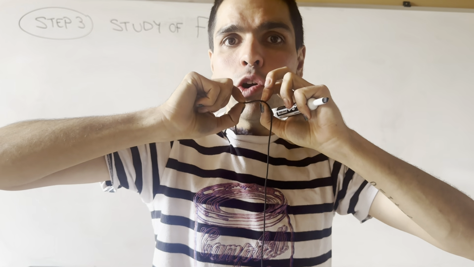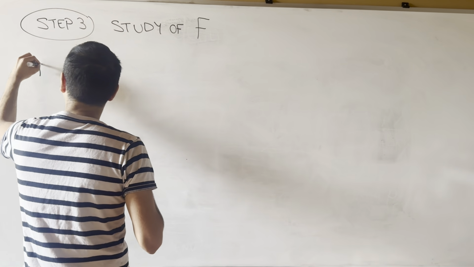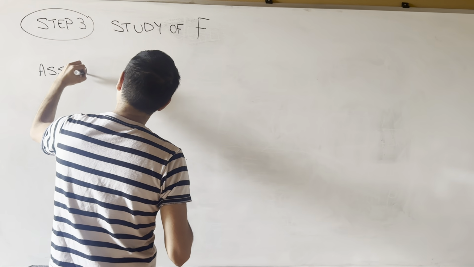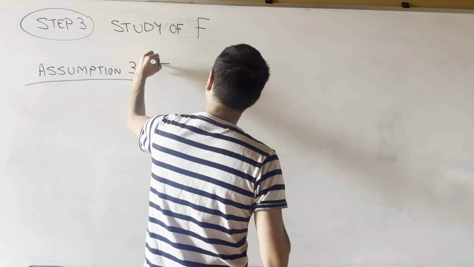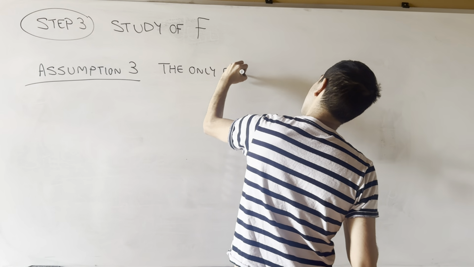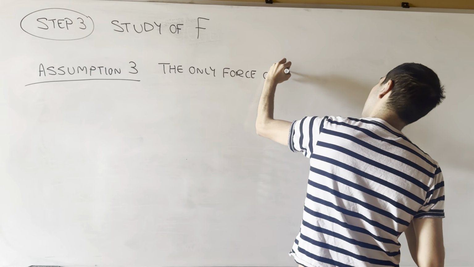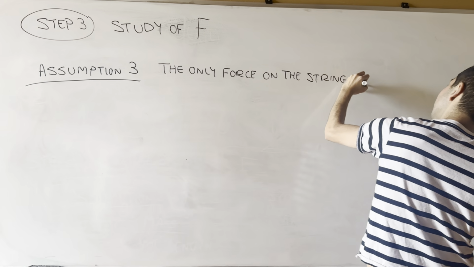In other words, the way you pull it to the left and to the right. So I think that's assumption 3: the only force on the string is the tension.